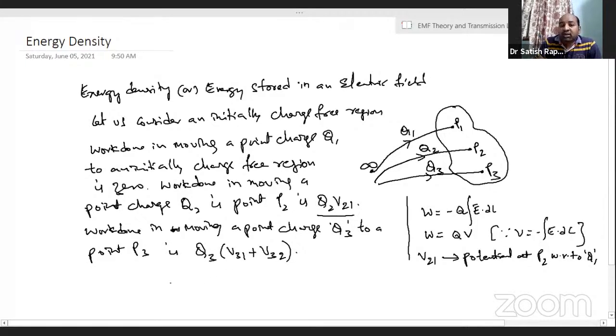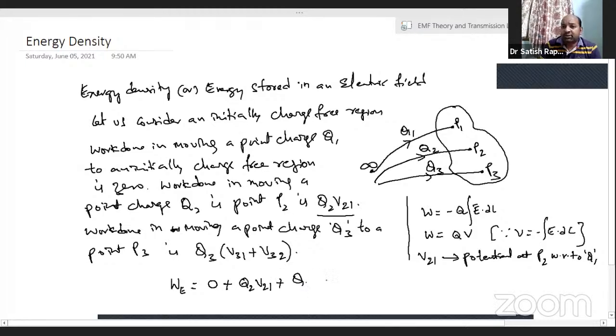Therefore, the total work done WE in the presence of the electric field is given by: the work done in moving a point charge Q1 is 0, plus the work done in moving a point charge Q2, which is Q2 V21, plus the work done in moving a point charge Q3, which is Q3 (V31 plus V32).